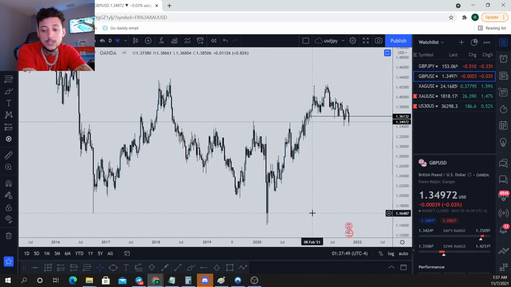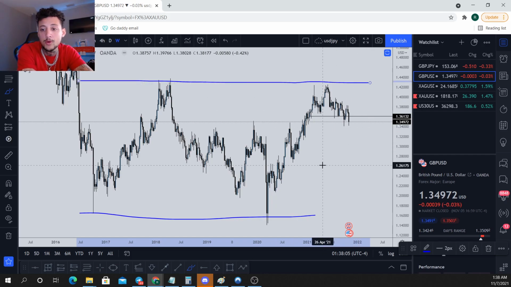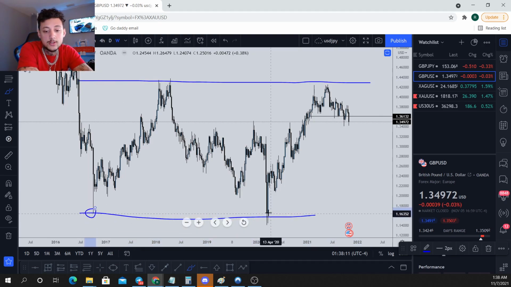So let's just say GU right now is bouncing around between 1.6 thousand, which is support, which we haven't gone over, support and resistance, but you'll learn that later on, and resistance is going to be 1.44 thousand. So we know that our all-time lows are here, and our all-time highs are here.